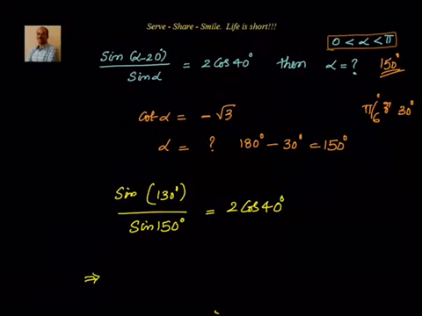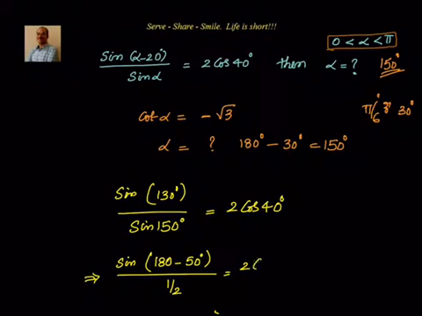Now sine of 130 is equal to sine of 180 minus 50, and sine 150 equals 1 by 2.